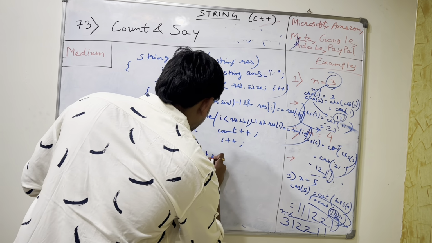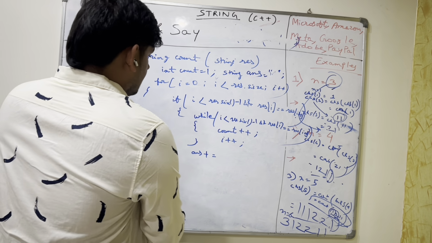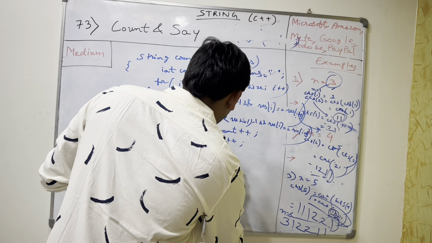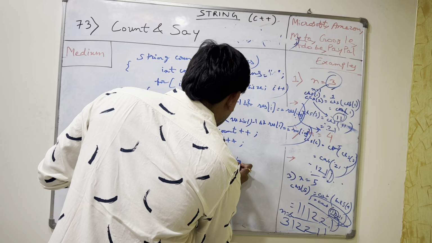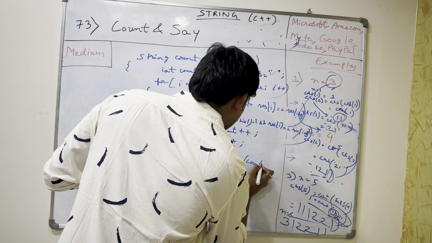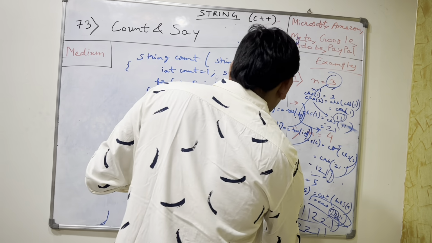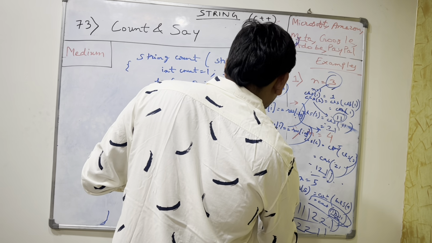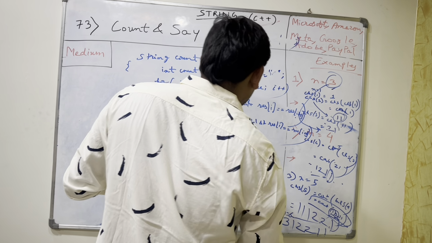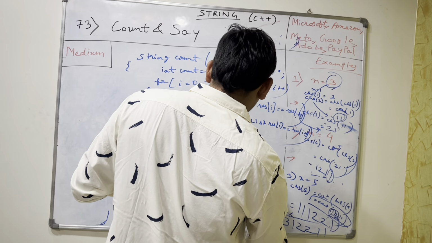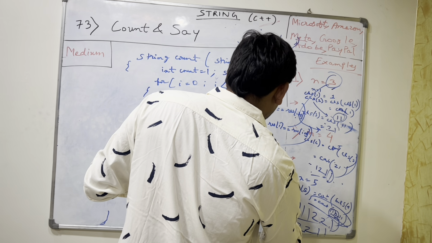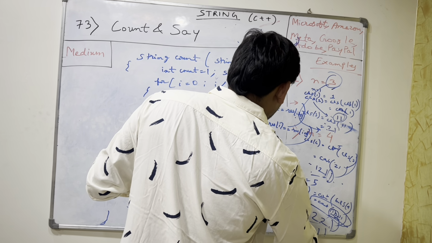So answer plus would be count converted into string, and then we will add res of i.